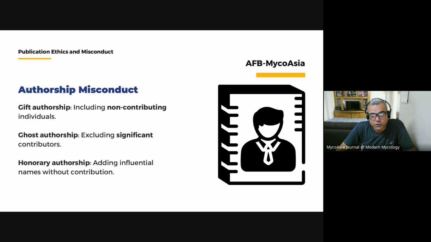The second thing is the ghost authorship issue. Ghost authorship means excluding someone who has already contributed significantly to the work. Because of certain issues, you don't want to include that person in the paper, even without taking his or her consent.